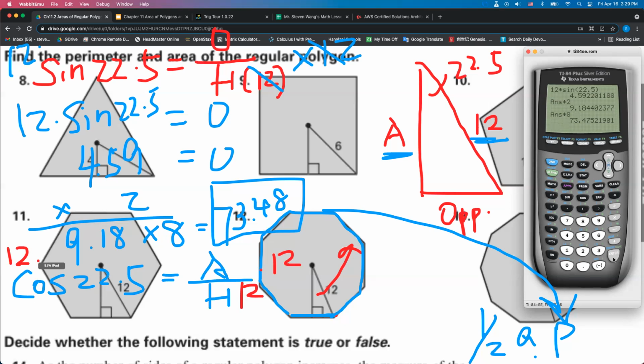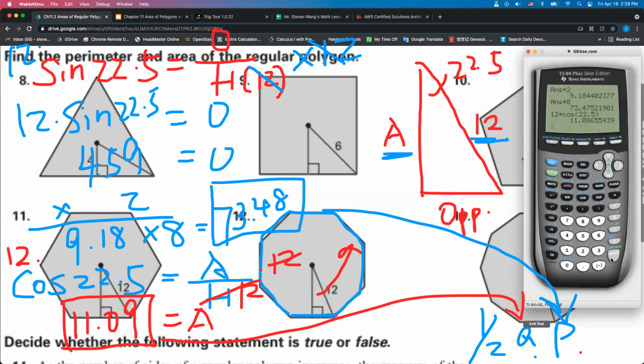That one cancels, so my A equals, using a calculator, 12 times cosine of 22.5 in parentheses, equals 11.09. Now I know my P and I know my A, which is right here.